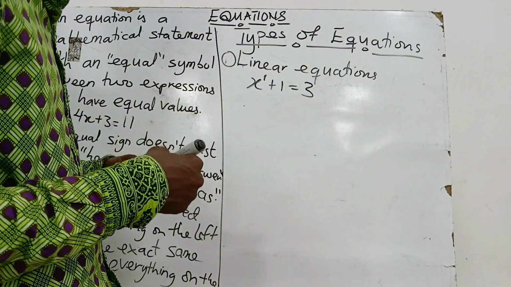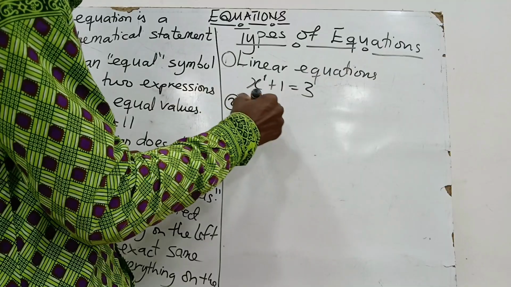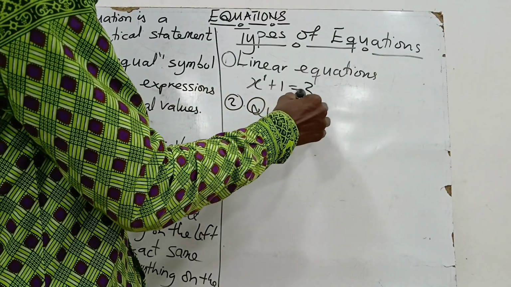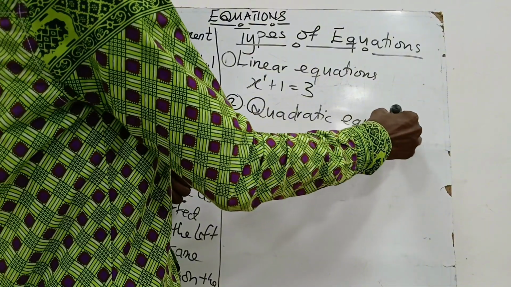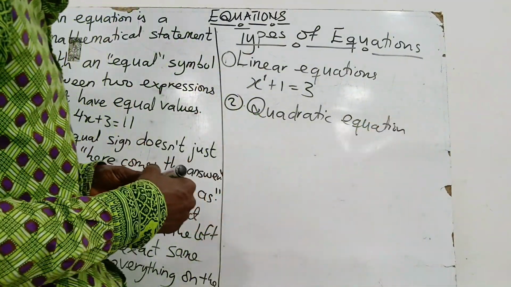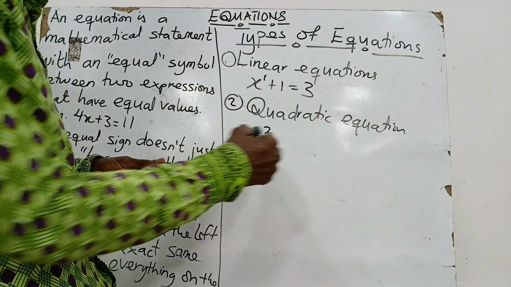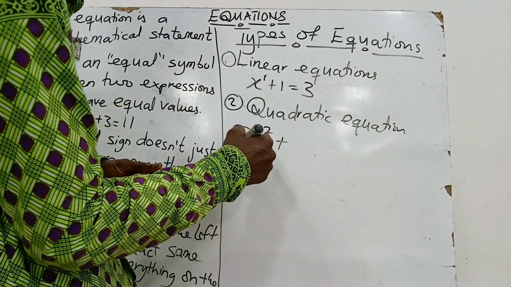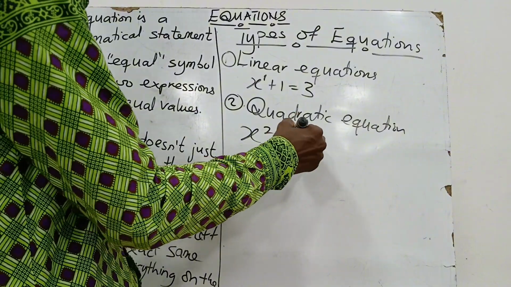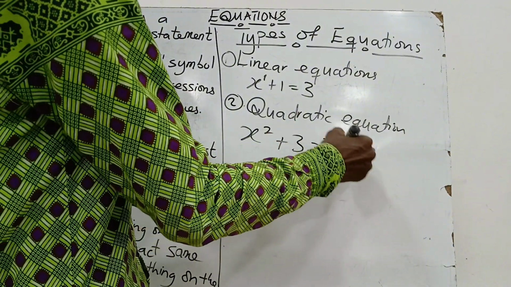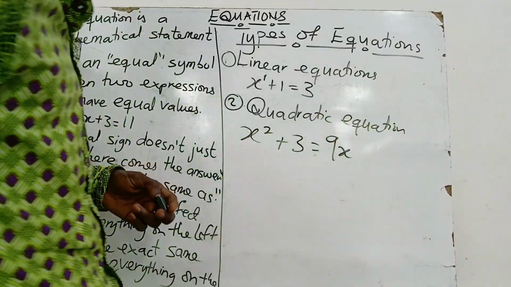The second equation I want us to look at is quadratic equation. For quadratic equation, we are saying that the highest power any of the letters will have will be 2. So let's say we have 3 is equal to let's say 9x squared.